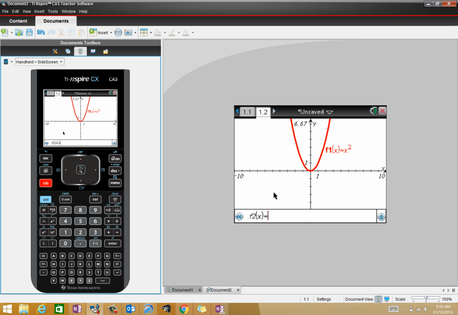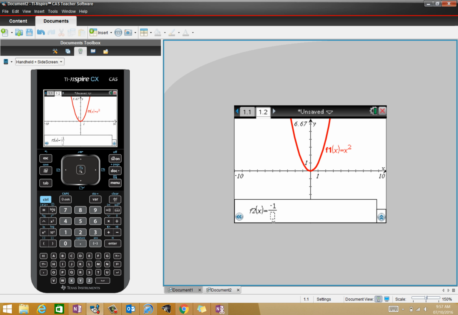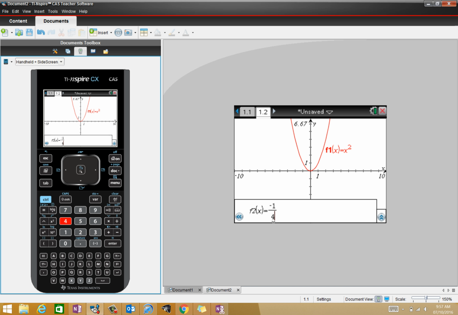Now with the next one, on the same thing, we could see how it's either wider, narrower, or where it's moved to. So what we can do is press Control Divide, which brings up our fractions tool, and I can press -1, and then we've got 4 down the bottom from memory. And then what was inside the brackets? x plus 1 squared, and then plus 2, wasn't it?